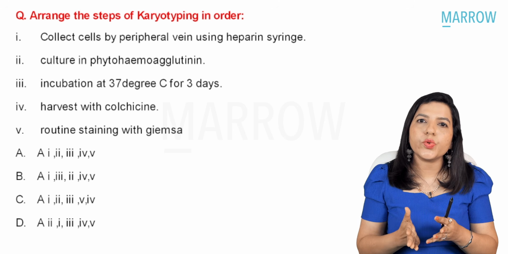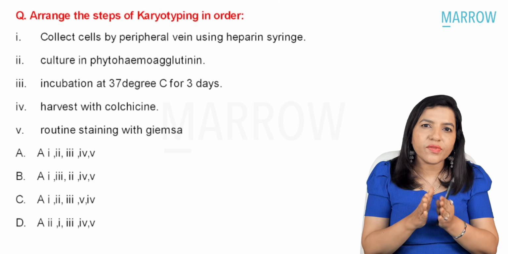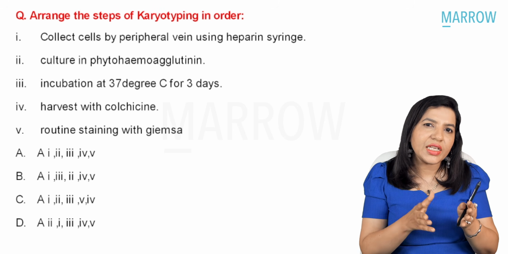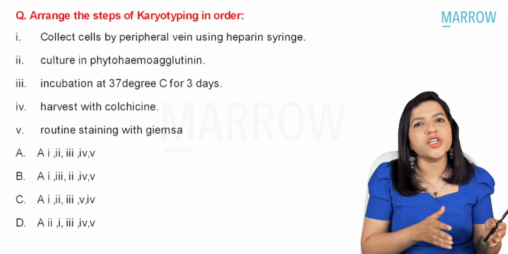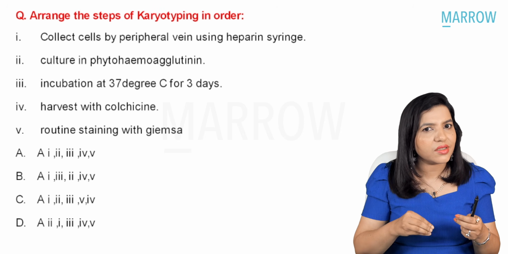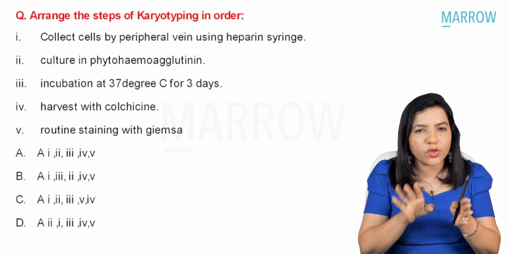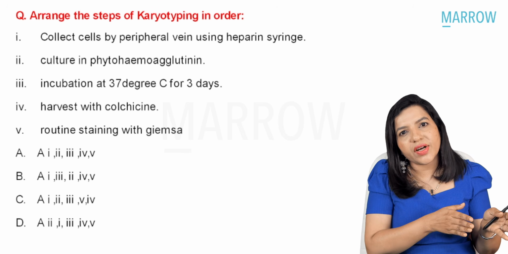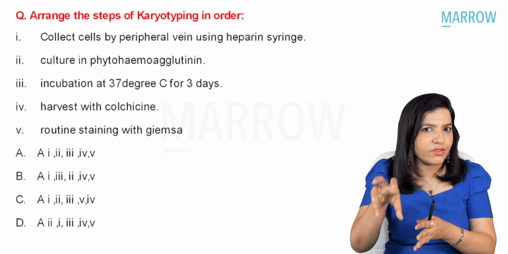Once it is transported, they divide the cells into two. We need dividing cells; we don't need the non-dividing cells. So using certain chemicals, we separate the non-dividing cells and the dividing cells. That's the next procedure.